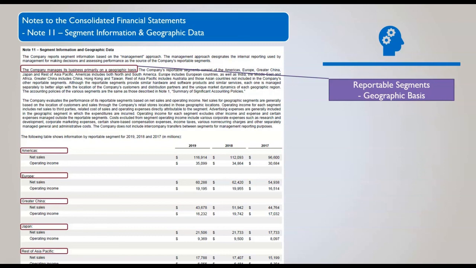So once those three criteria are met, then you can report on a segment.